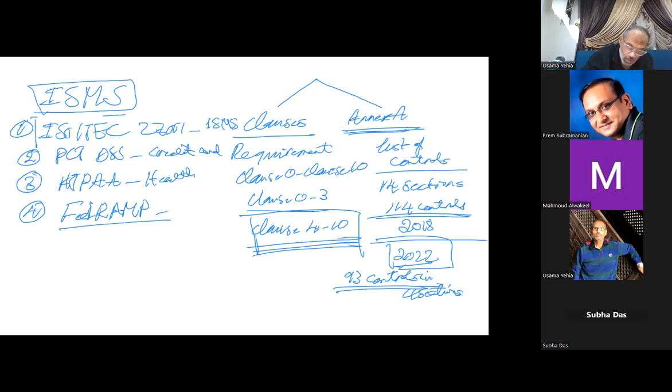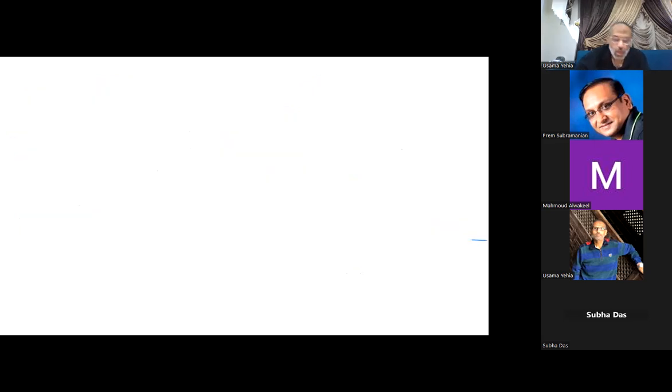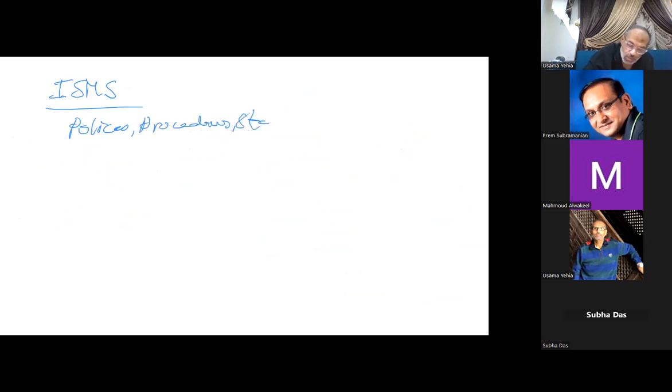We highlight the ISO 27001. Of course, ISMS, as we said, gentlemen, consists of the policies, procedures, standards, and so on. And we mentioned the definitions of all these before. As policies, we are the management.